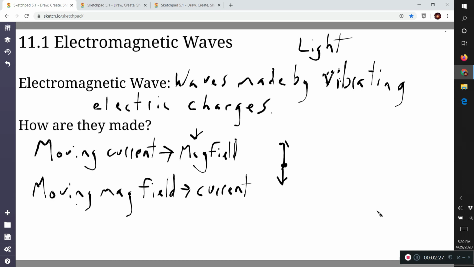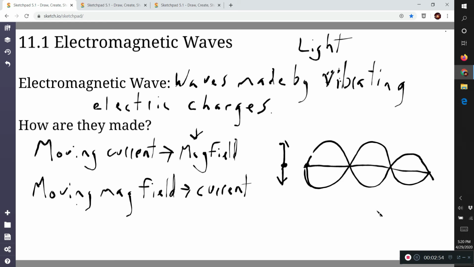And the diagram usually looks like this. The diagram is 3D, and I'm not great at 3D, so bear with me. So our electric field will go up and down and up and down, and our magnetic field will fluctuate, and they usually have a magnetic field fluctuating left and right. Excuse me for my drawing, left and right and left and right.